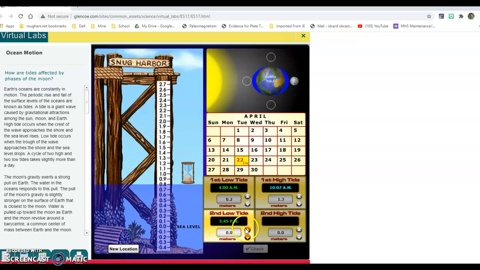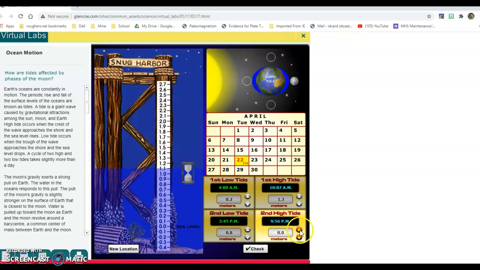Low tide is at 0.8. And high tide is at 1.1. Alright, so we are... Congratulations! You have correctly identified the tide measurements for this phase of the moon. Alright, so at this point, pause the video and record the lowest low tide and its time and the highest high tide and its time.